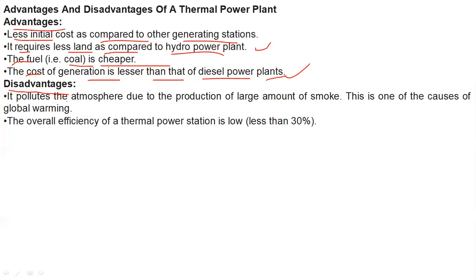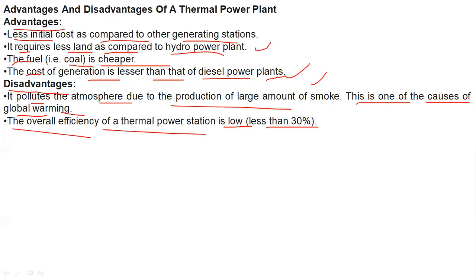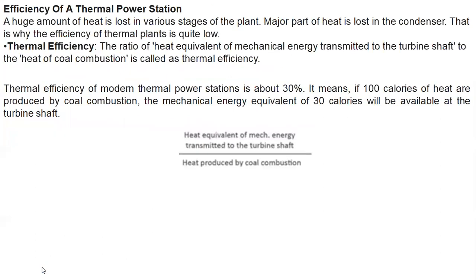Disadvantages: it pollutes the atmosphere due to the production of a large amount of smoke. This is one of the causes of global warming. Next, the overall efficiency of the thermal power station is low, that is less than 30% or around 30%.